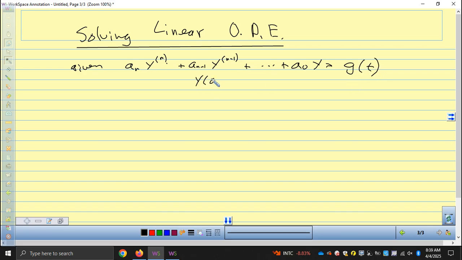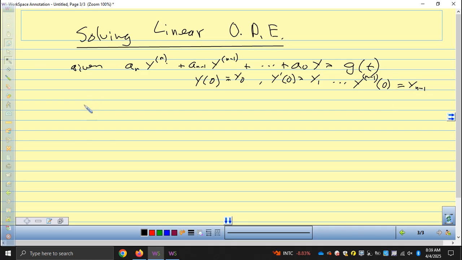And we have y of 0 equals y0, y prime of 0 equals y1, and the n minus first derivative evaluated at 0 is y n minus 1.